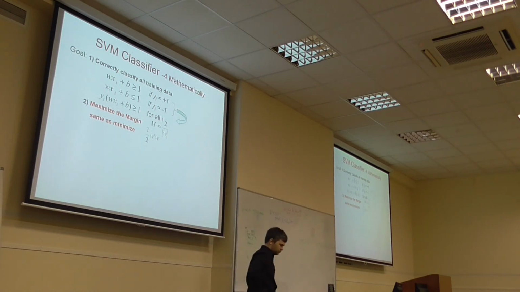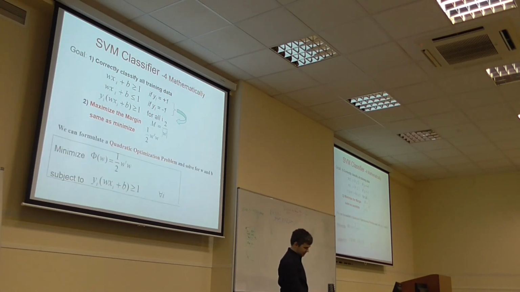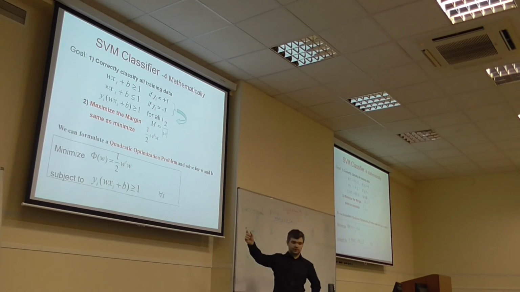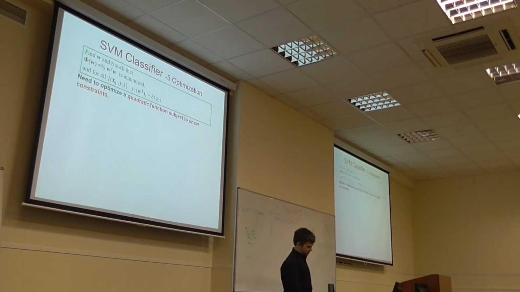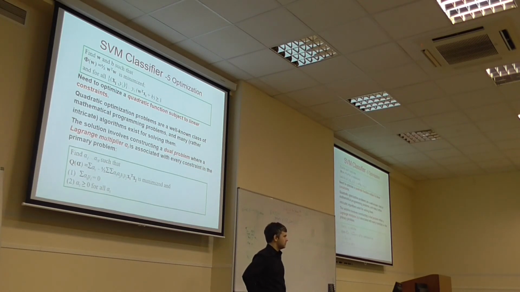I think I won't go too deep into details because I already exceeded the limit. But the idea here is we need to minimize this problem. So we have a quadratic problem and a linear constraint, and to minimize it, we use so-called Lagrange multipliers. Do you know what Lagrange multipliers are? Anybody knows? Yeah, basically it's, yeah.